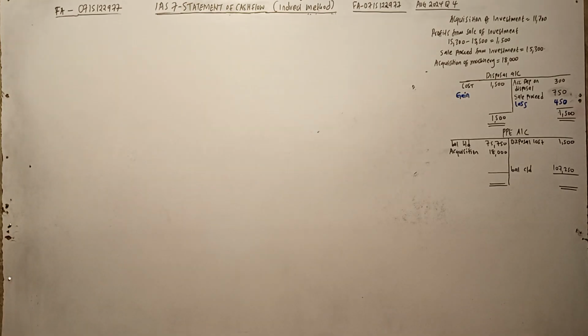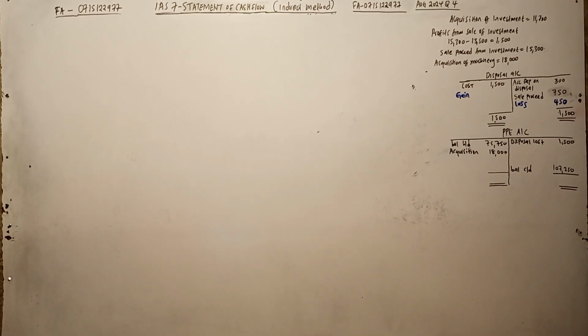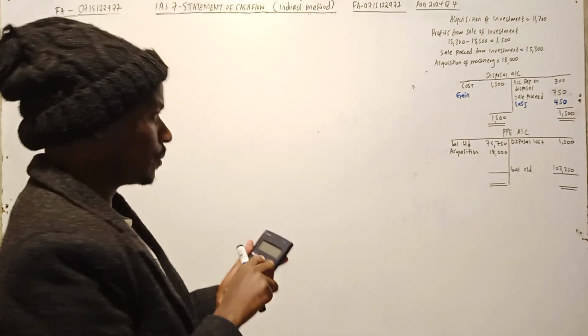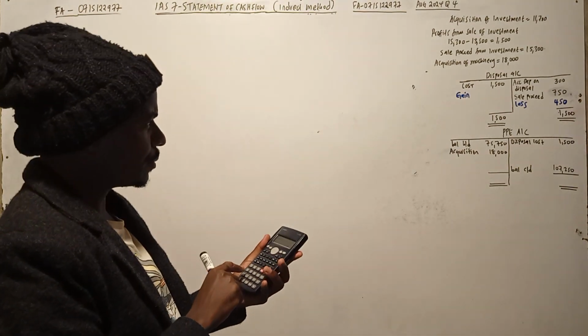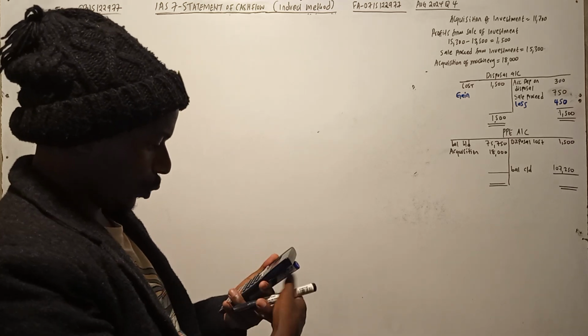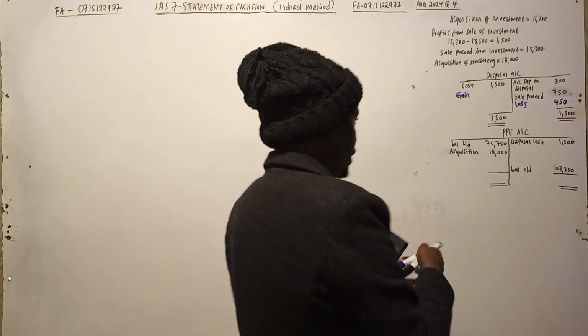There is no other item at the moment which affects this account. The balancing figure will be another acquisition. So let's see. 107,250 plus 1,500 is 108,750.